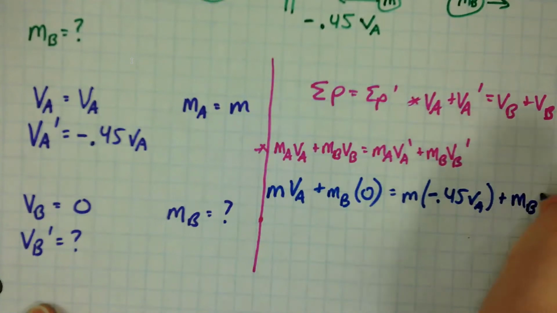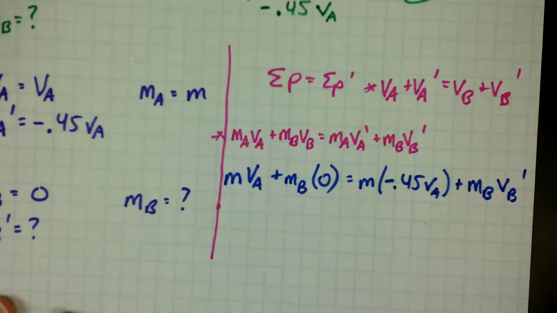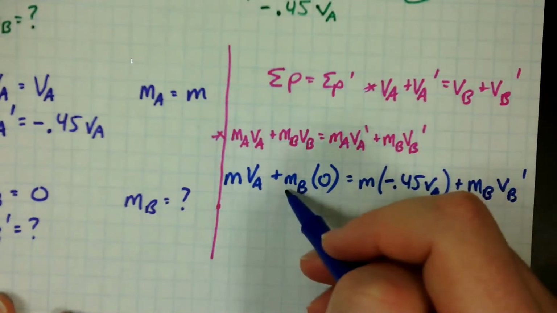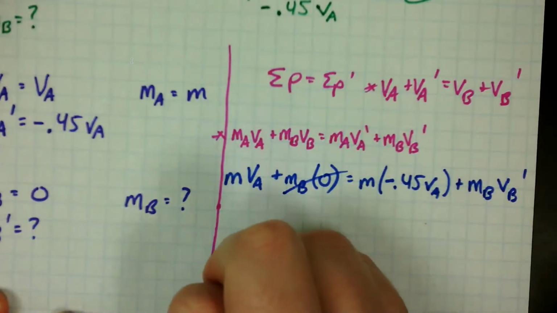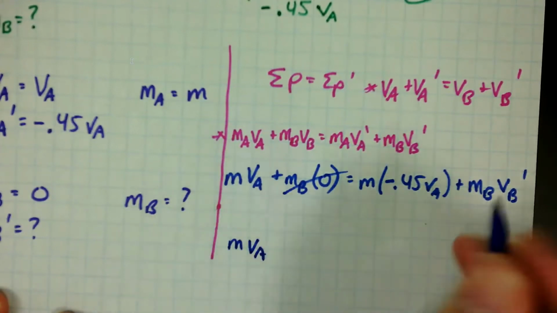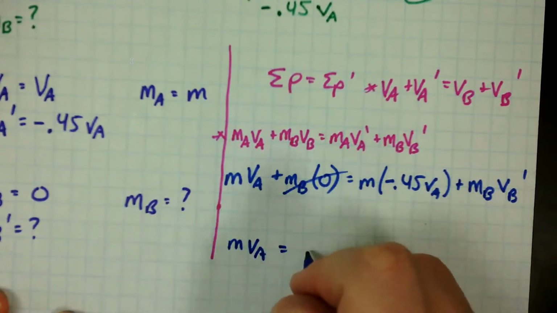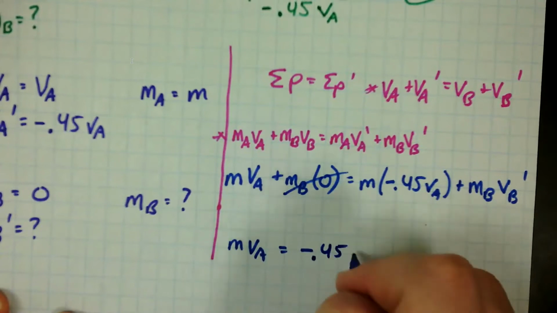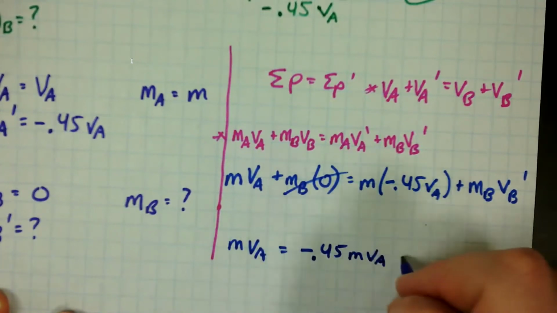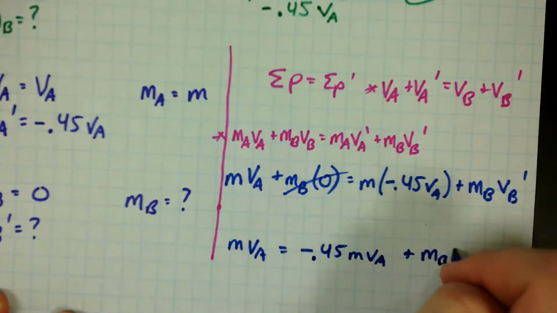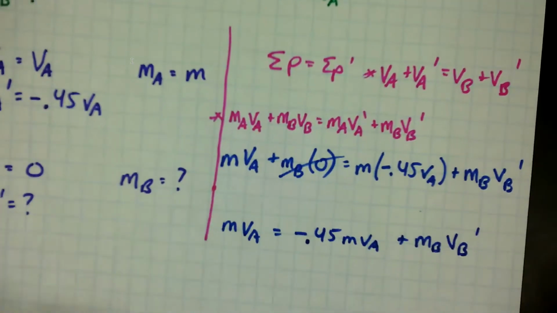MB and VB prime, we don't know. So what do I have? I have MVA equals negative 0.45 MVA plus MB VB prime.